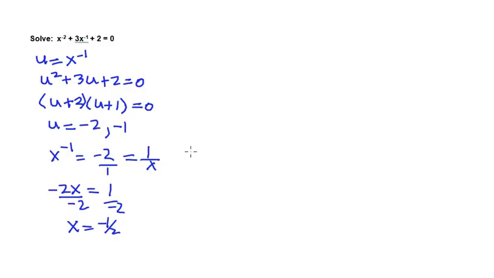Our second solution is similar. We get that x to the -1 is equal to -1. And setting that equal to 1 over x, we get 1 over x is equal to -1. And taking the reciprocal of that, we get that positive x is still equal to -1. So these are our two solutions.